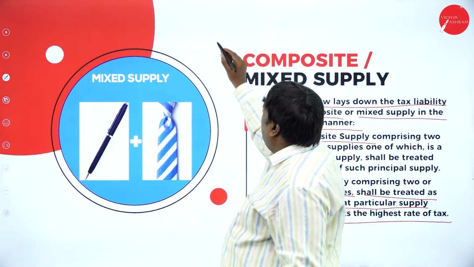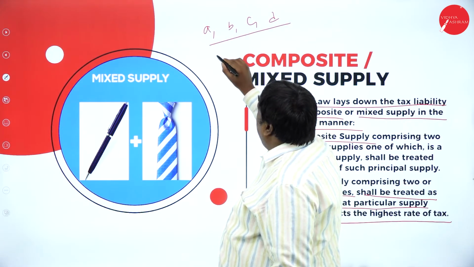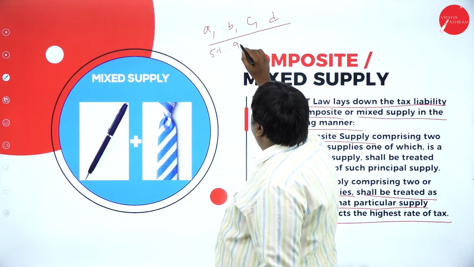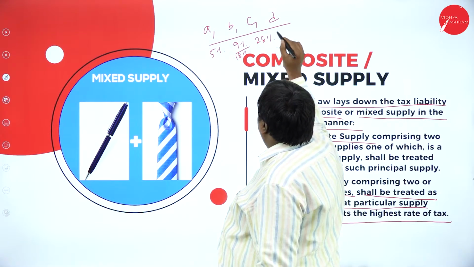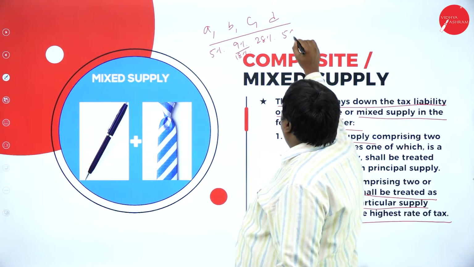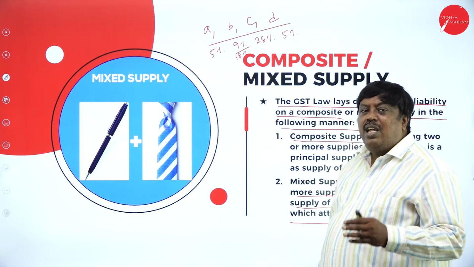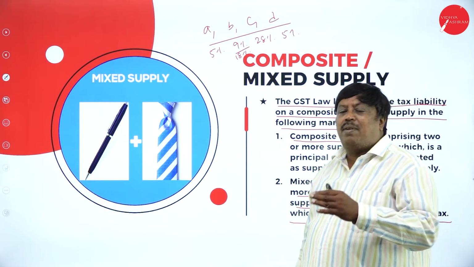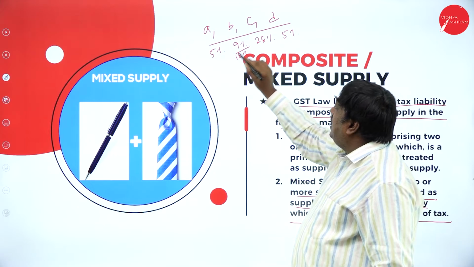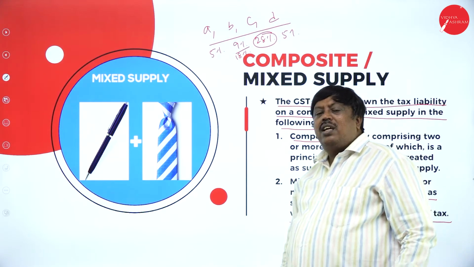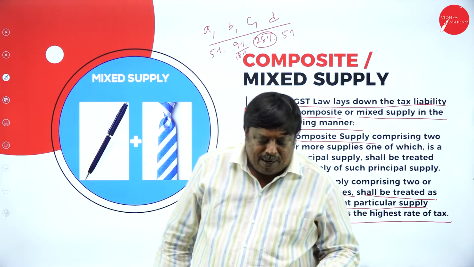For example, when we are selling A, B, C and D in a mixed concept, A attracts 5%, here 9%, that is totally 18% here, 28% here, and here again it is 5%. In this one, whichever attracts the highest GST, that will be considered for the levy of GST on the mixed supply, not separate. For A, we will not calculate separately, B and C and D. Whichever is the highest here, 28% will be considered for the levy of GST for the goods or services provided under the concept of mixed supply.